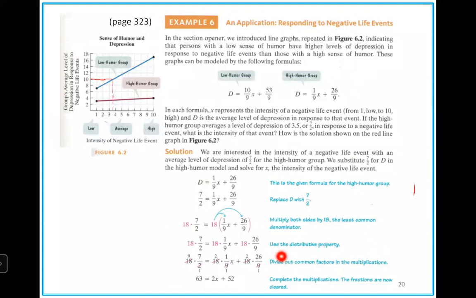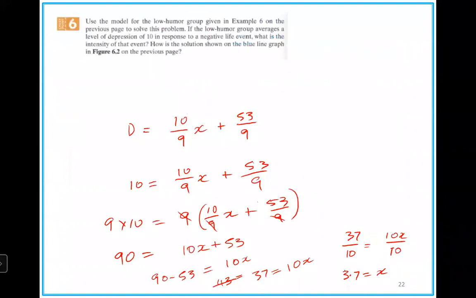So the graph could give you a rough idea of what it should be, but the formula would be more accurate. So right away from the graph, you could see that you're on the right track with the result, 3.7.